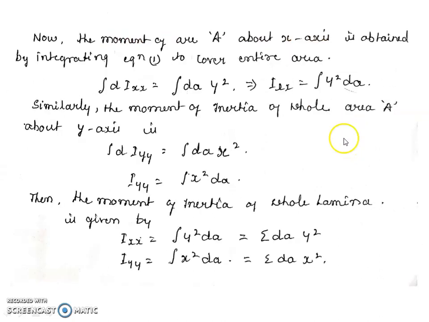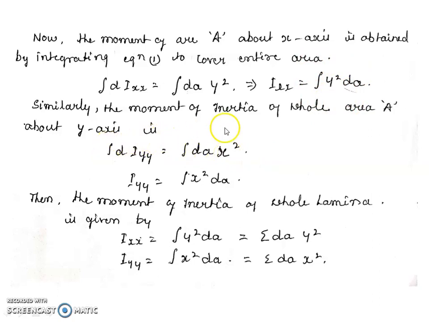That's why I have to integrate. So now integrating equation 1, dIxx is equal to the integration of area multiplied by perpendicular distance square. This one we call Ixx, given by Ixx is equal to the integral of y square dA. This is called the moment of inertia with respect to the x-axis.